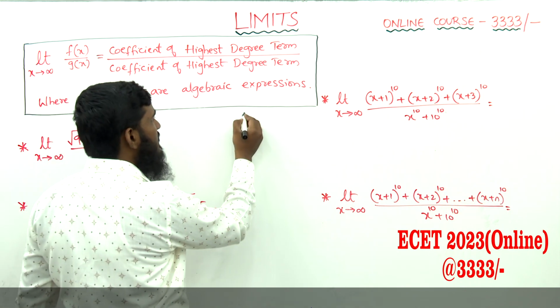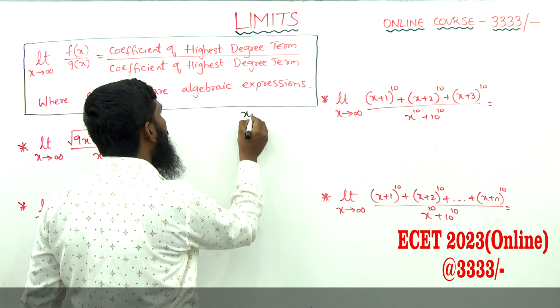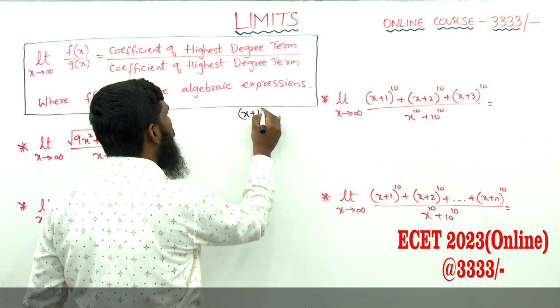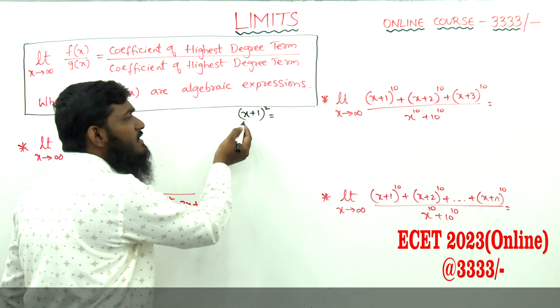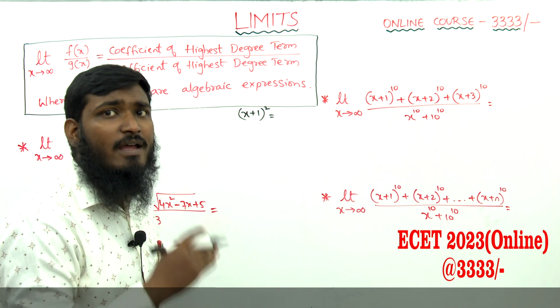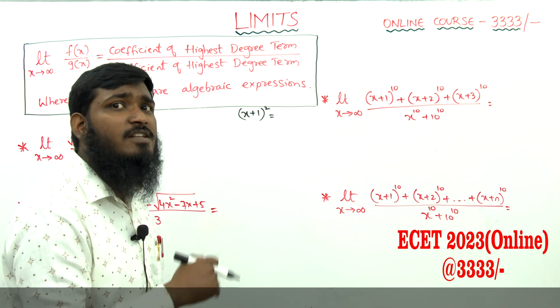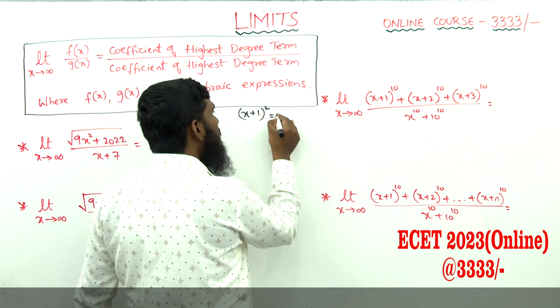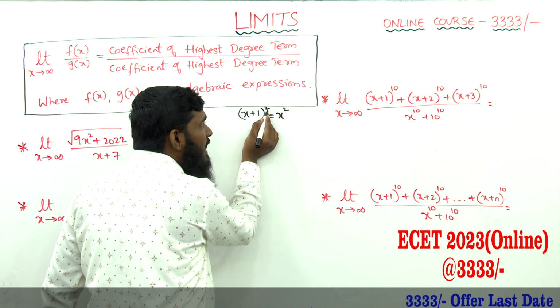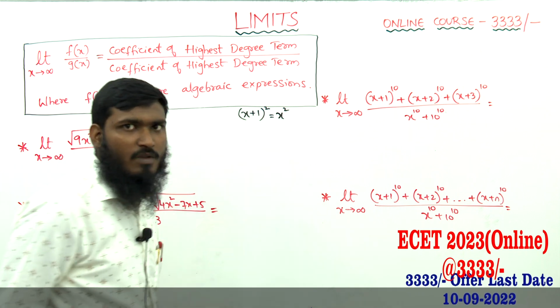Let us take one simple example over here. Suppose we are taking x plus 1 whole square. It is in the form of a plus b whole square. A plus b whole square, what is the formula? A square plus b square plus 2ab. We are giving this square, what is the power we are having over here? We are giving it for this part. Understood?